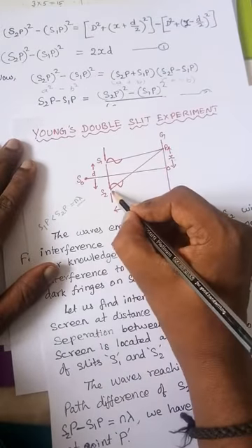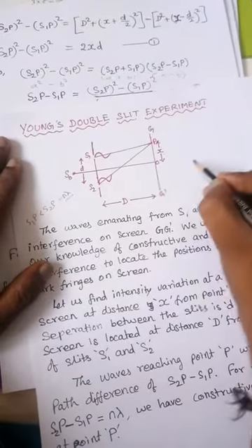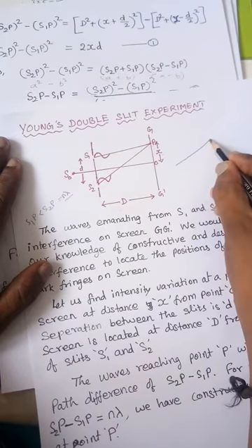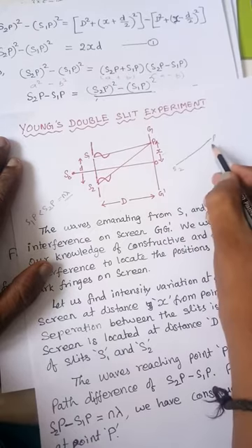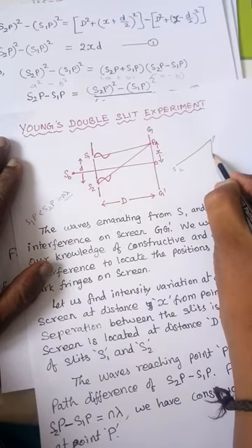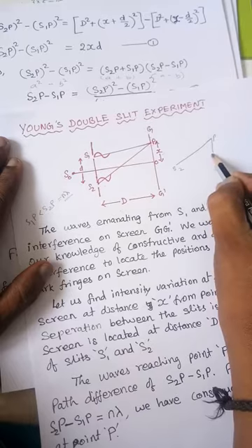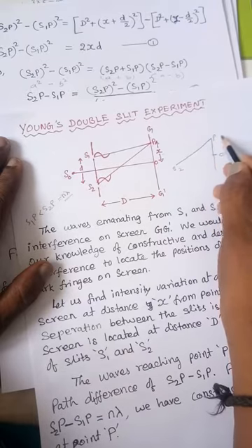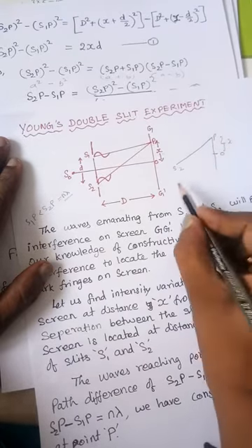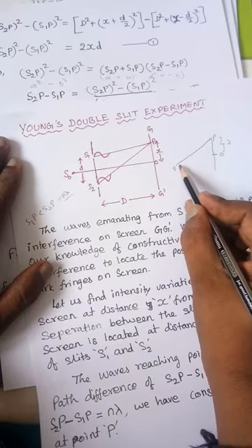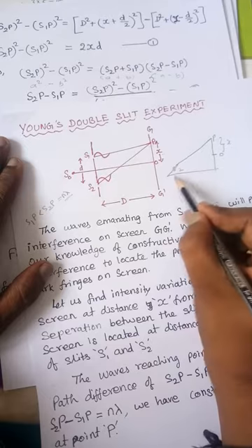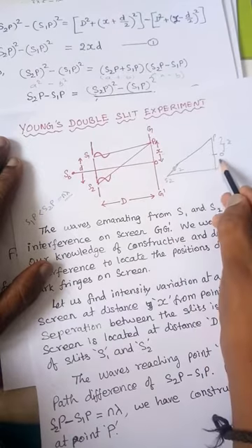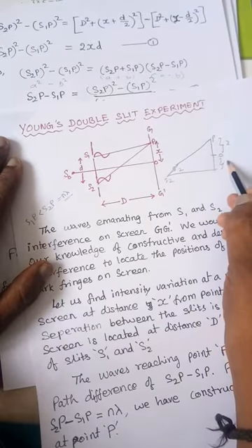Now, I will draw this one. This is the point P, this is S2, S2P. Here up to here from 0, this is x. Now this is nothing but d by 2.